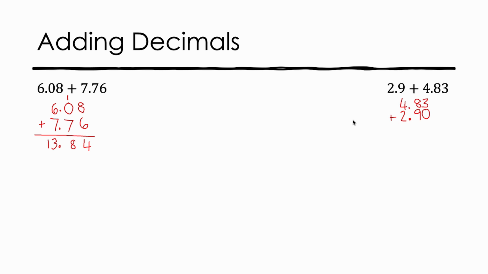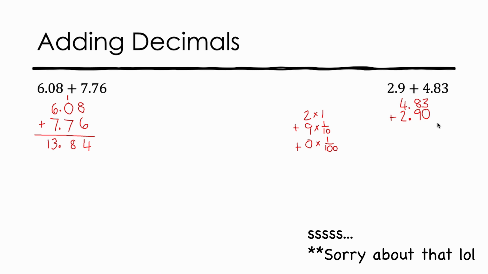So if I expand this, 2.9 is equal to 2 times 1 plus 9 times 1/10. This is equal to 2.9, right? And then if I add 0 times 1/100th, well, 0 times anything is equal to 0. So I'm literally adding nothing here. But this makes it a lot easier for me to align my places.